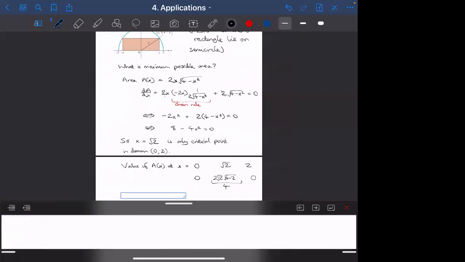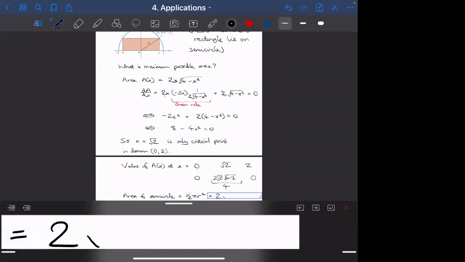So going back, what's the area of the semicircle? Well, that's half pi r squared, which is 2 pi in this case.